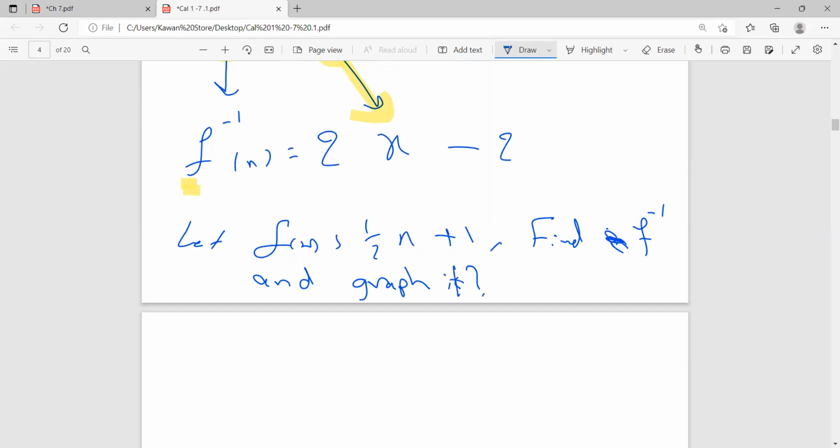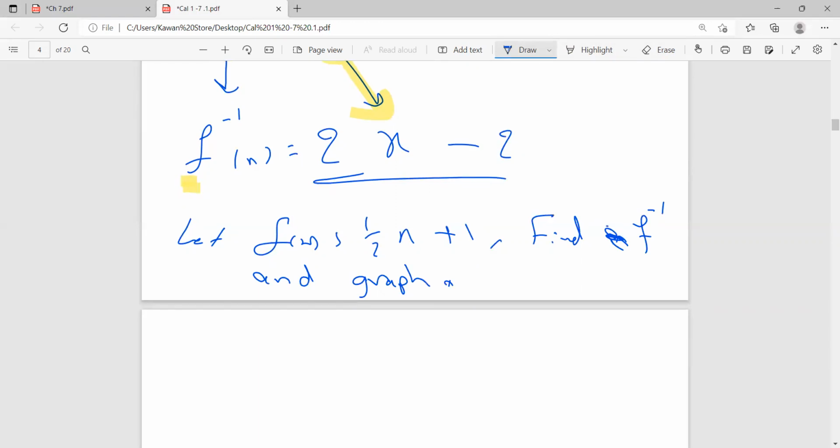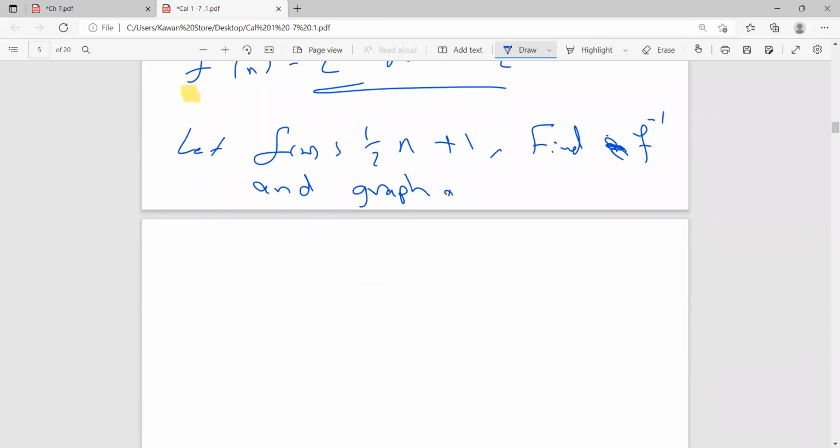That's it. Understood? Find the inverse and graph the inverse. So how we do it is like that: 1, 2, 3, and then you can draw these examples easily. Now I'm going to check and apply a note.